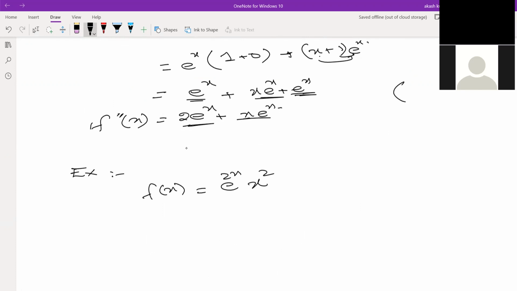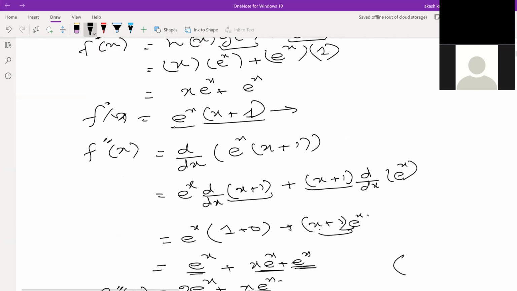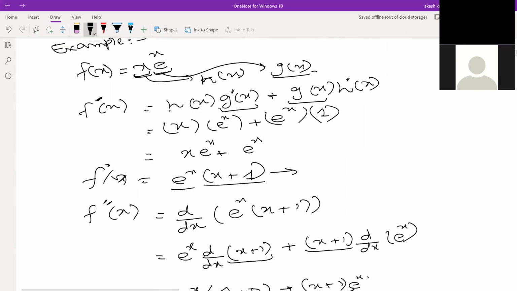Okay, so we have to write the equation, which is f of x equals h of x... No, this equation, right? Yeah, this one.